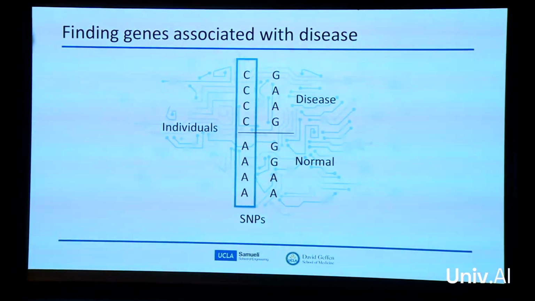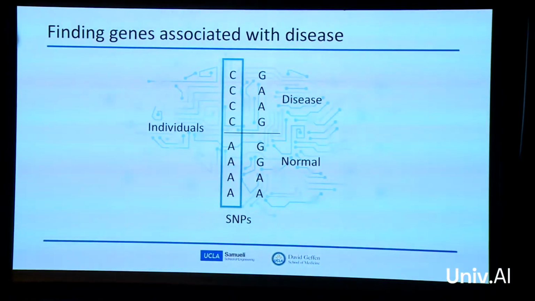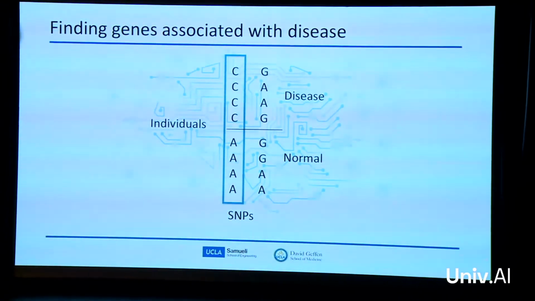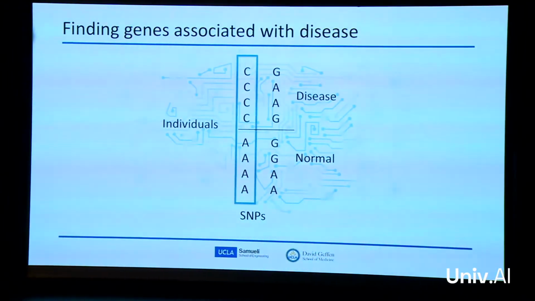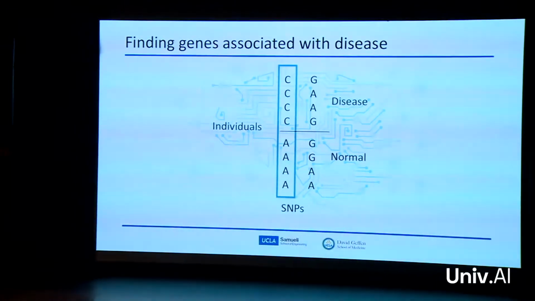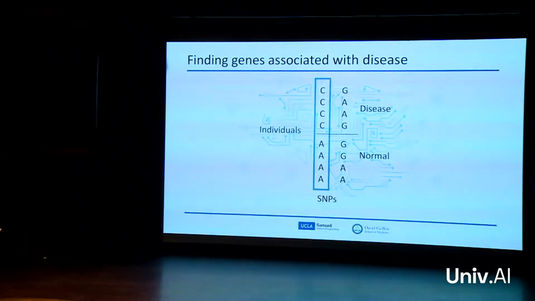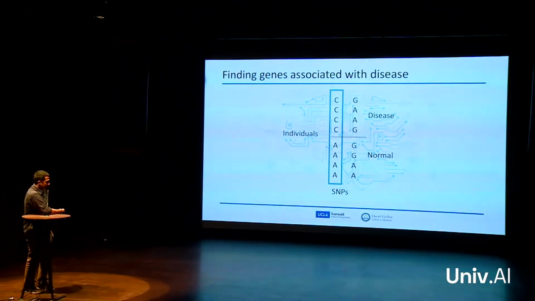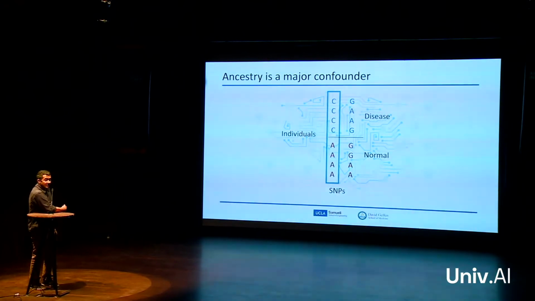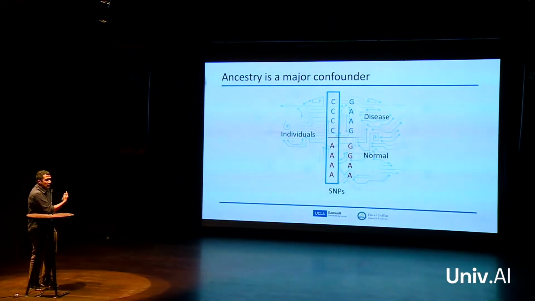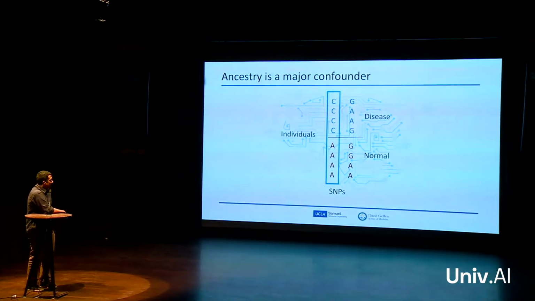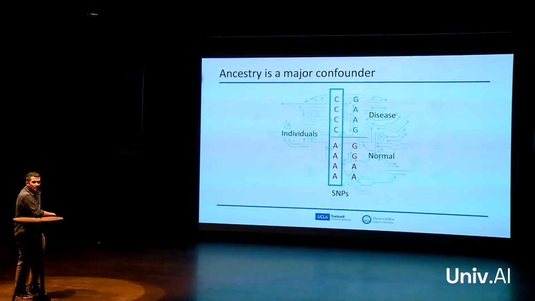So what's the catch? The catch is, let's say I tell you that accidentally, all the people who have the disease come from one class of populations, and all the people who are normal come from a different class. Next slide. Let's say we just call them the blue and the red population, and this was not known to you when you collected these individuals. Having told you this, now this SNP no longer looks interesting, right?